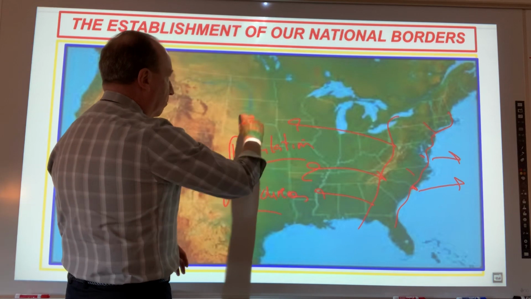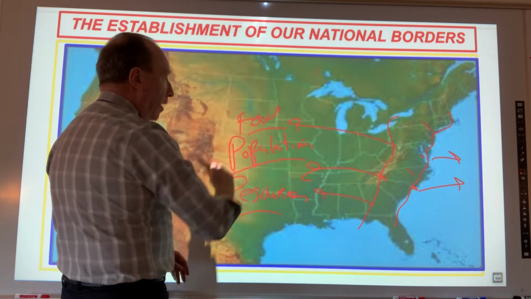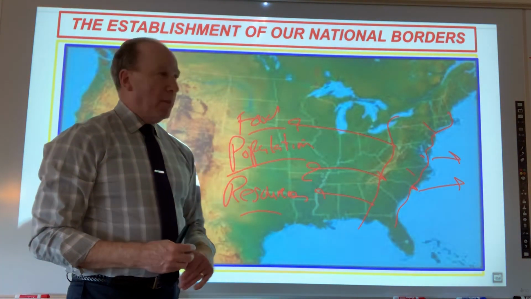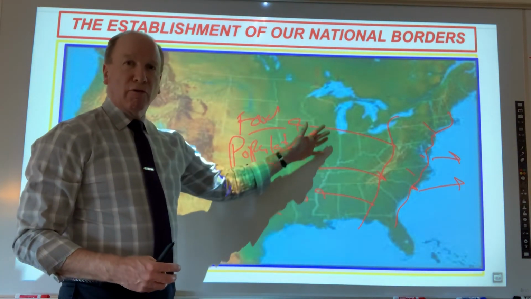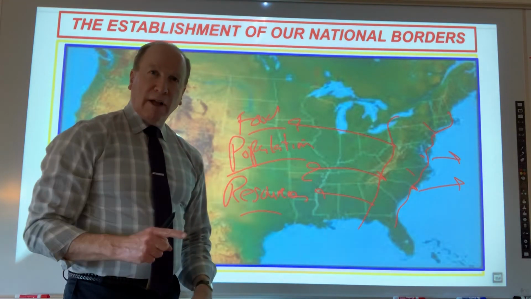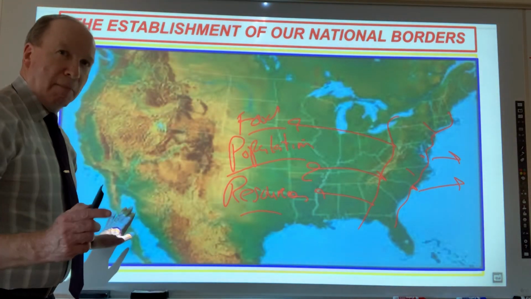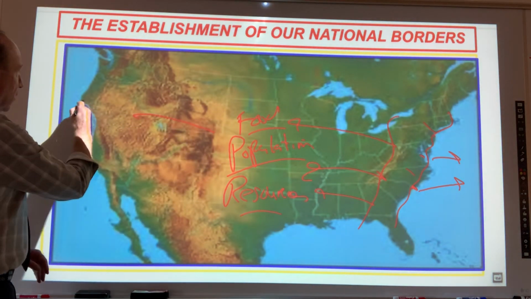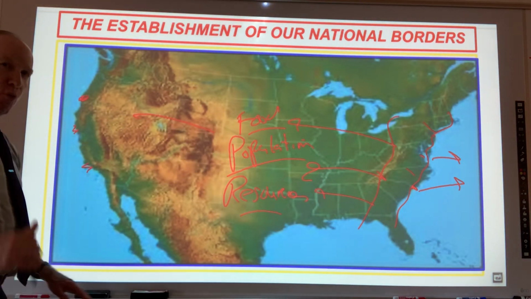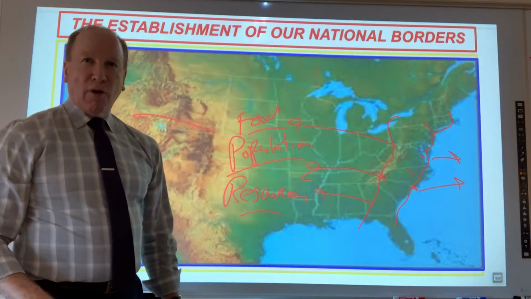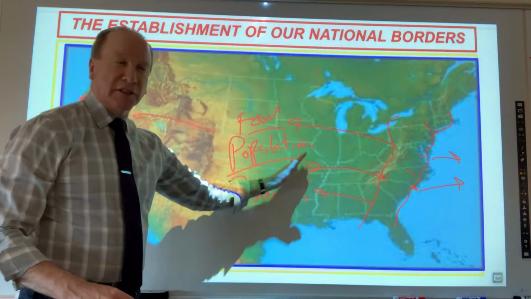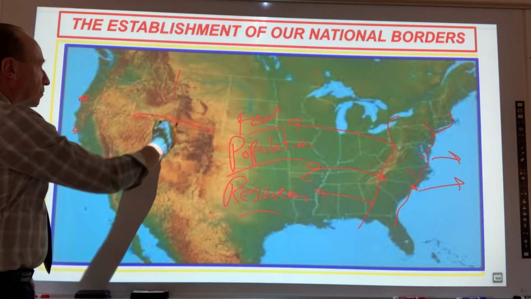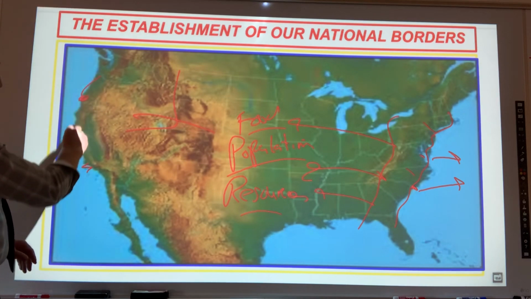We wanted to make sure we had food, all sorts of minerals and gold and timber, and plenty of land for our growing population. That wasn't enough, of course, because we wanted to make sure our nation was secure on the West Coast. So we, through war, the Mexican-American War, through the Louisiana Purchase, and through agreements for the northwestern part of the United States, we secured the West Coast.